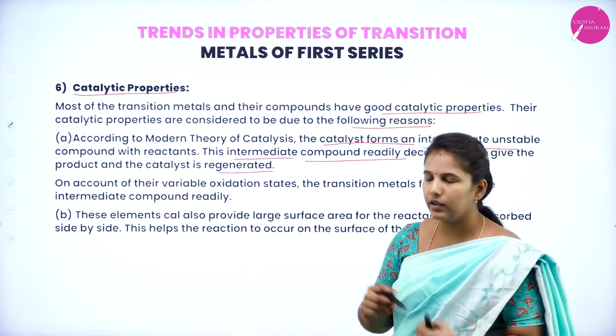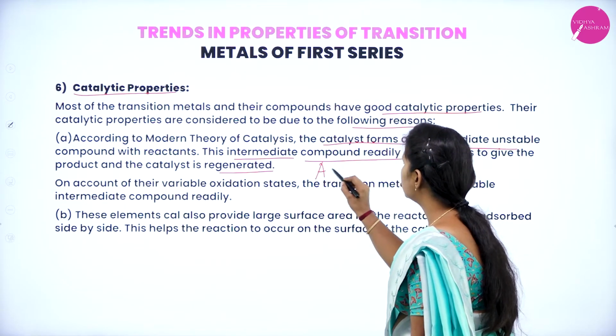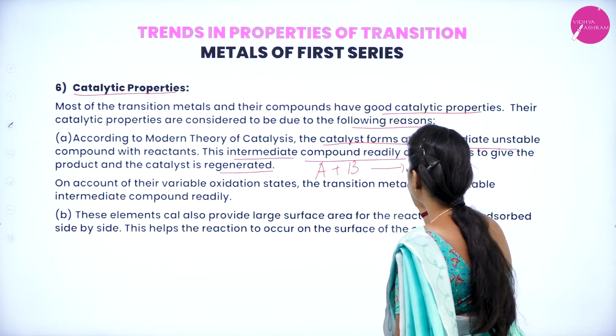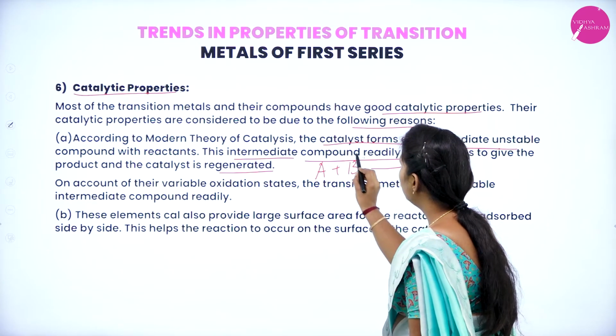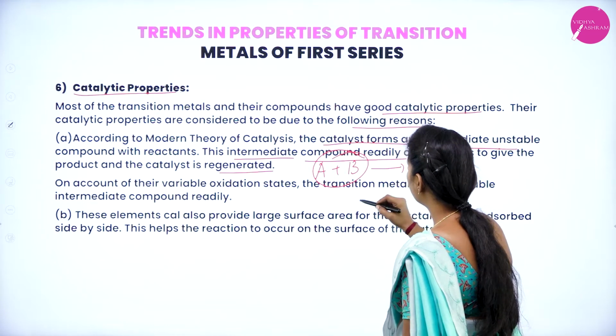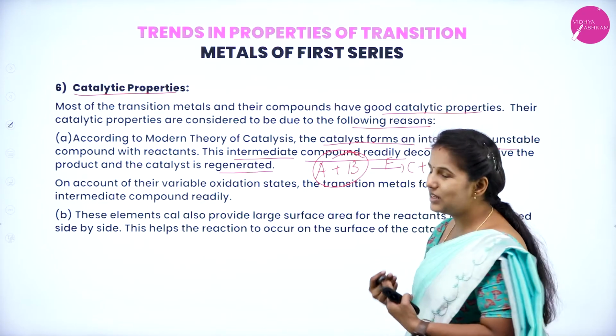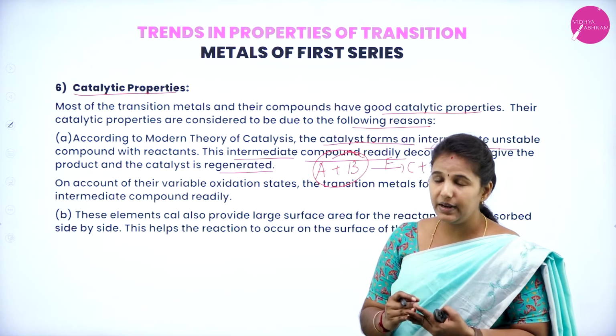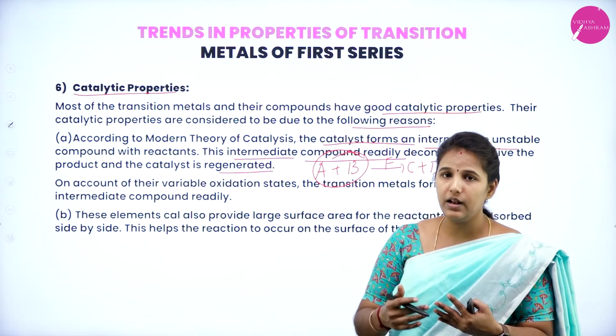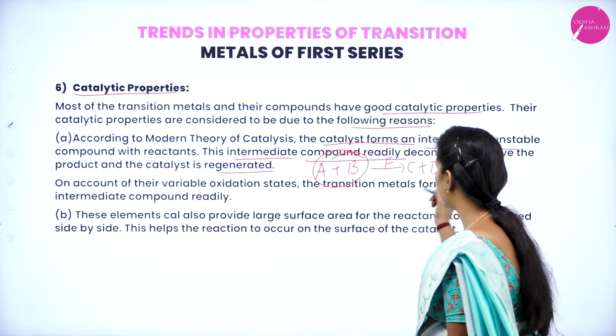It is very important. Suppose the reaction is A plus B giving C plus D. When A plus B react in the presence of F as a catalyst, they form what? An intermediate compound. We know this intermediate product is not stable, so it must decompose to give the product.